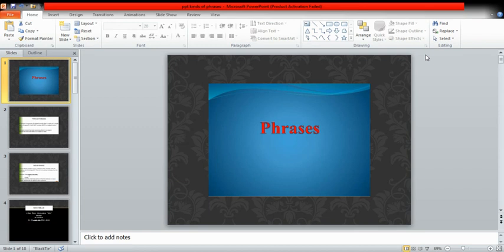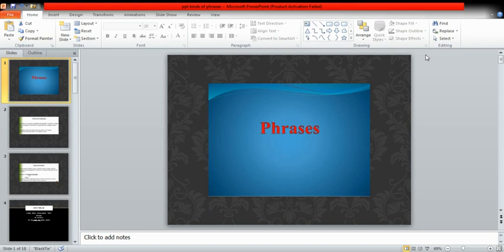In the beginning, when we were differentiating sentence, phrase, and clause, I told you the difference. A sentence is a group of words with subject and verb, and it gives complete meaning. On the other hand, a clause is a mini sentence, which is a part of a long sentence.